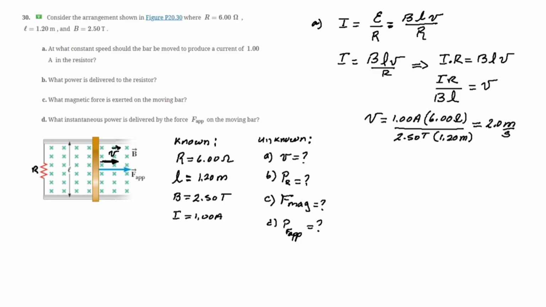Now, in the second part, they ask what is the power dissipated in the resistor. Well, remember that power is the square of the current times the resistance of the resistor.